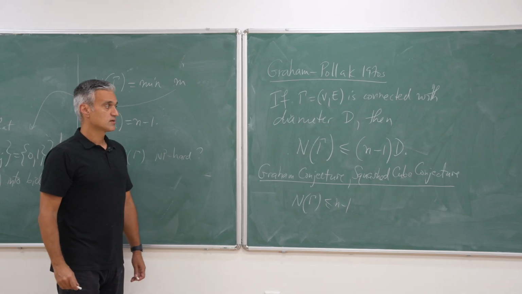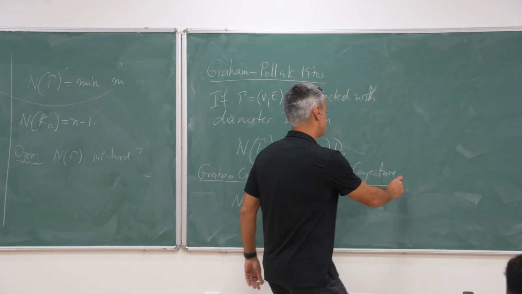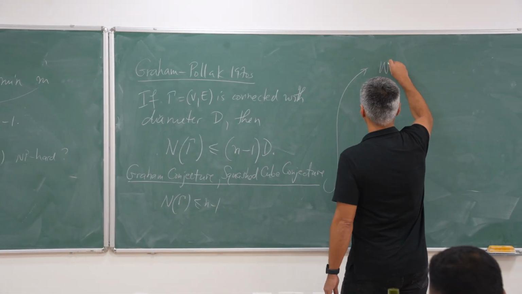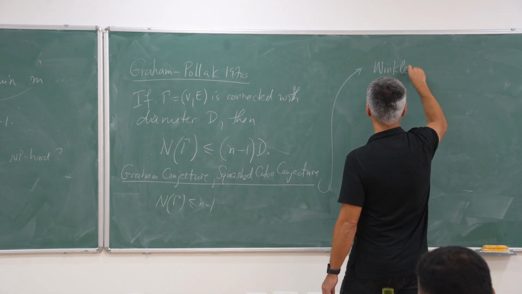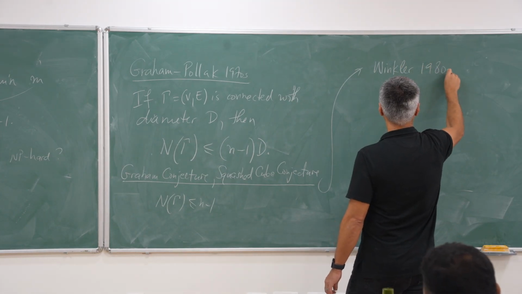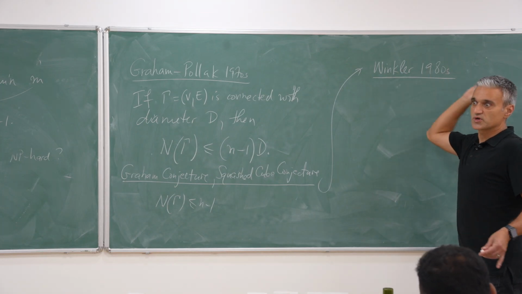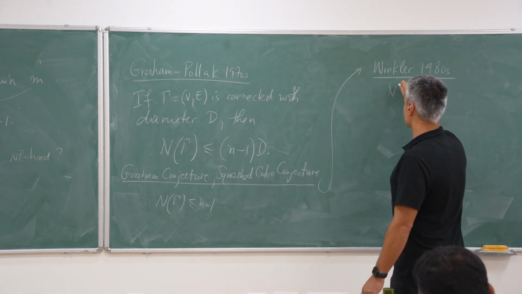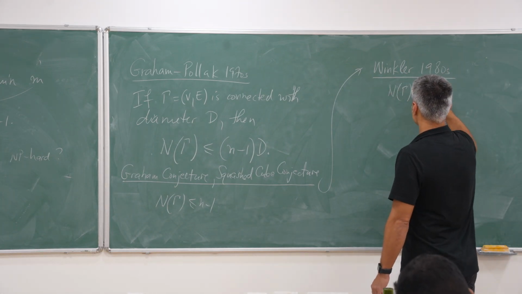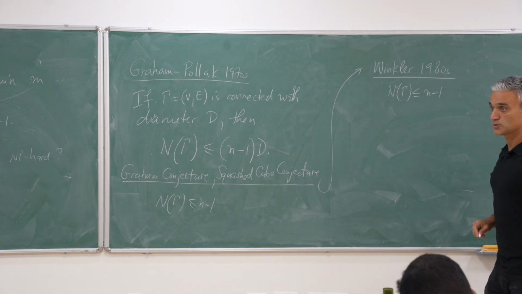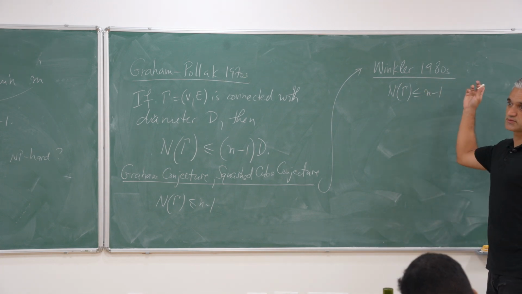And this was proved by Winkler in the 1980s, in a paper in Combinatorica called Proof of the Squashed Cube Conjecture. So for any graph, it is at most n minus 1.